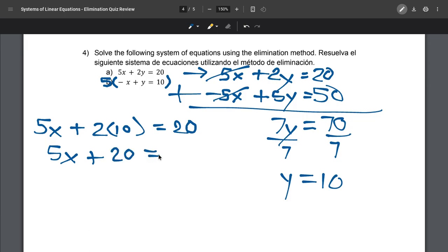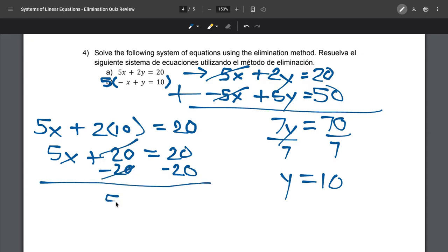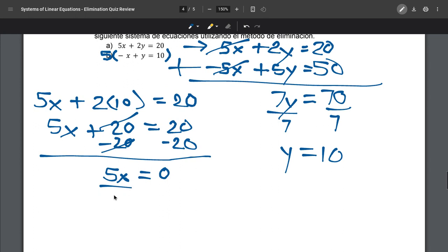So hopefully you can see x has to be 0, but if you don't, we'll subtract 20 from both sides. 20's cancel here. We get 5x equals 20 minus 20, which is 0. Divide both sides by 5. x equals 0 divided by 5, so x is 0. And our solution is 0, 10.